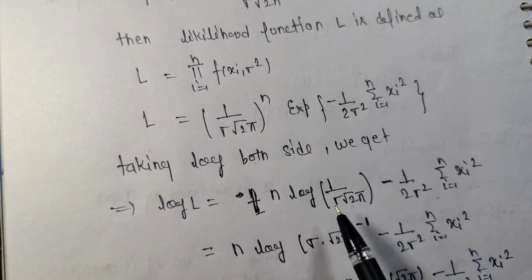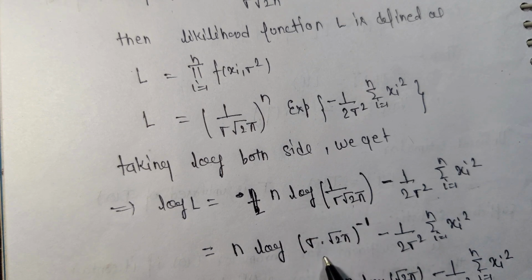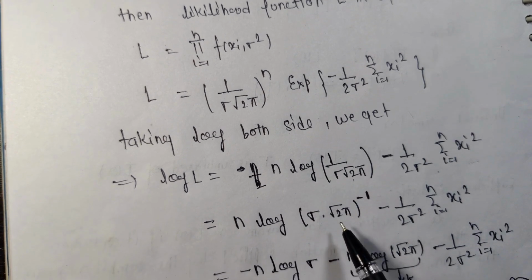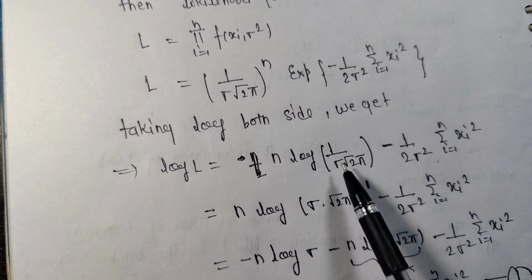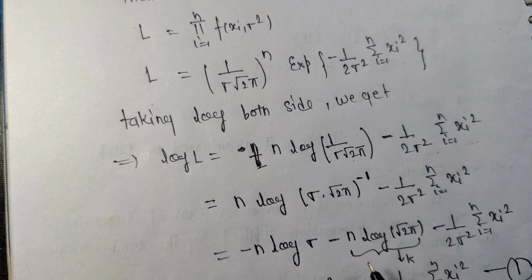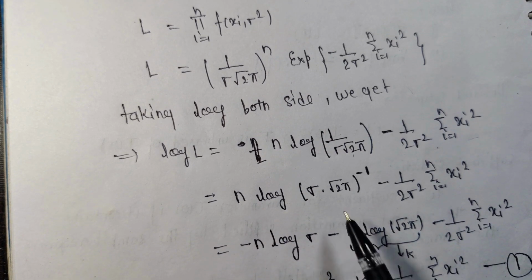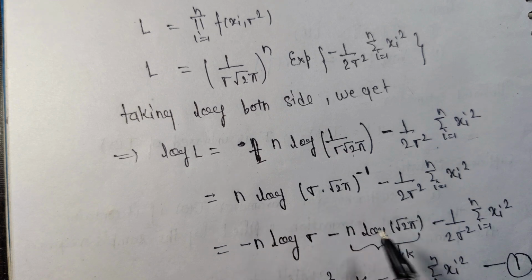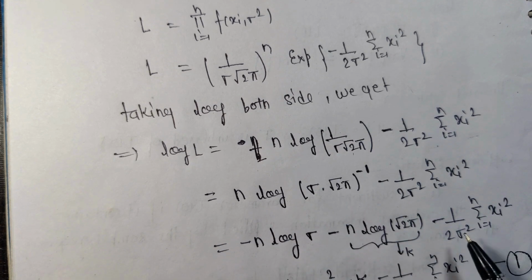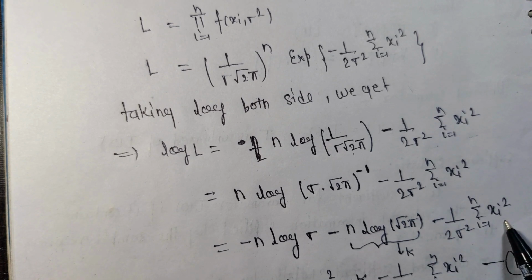Now you can write the first term in this form, and after writing this structure of the first term, you can rewrite it as minus n log sigma minus n log root 2 pi by the log property, and the third term is minus 1 upon 2 sigma square summation of xi square. Is it clear?